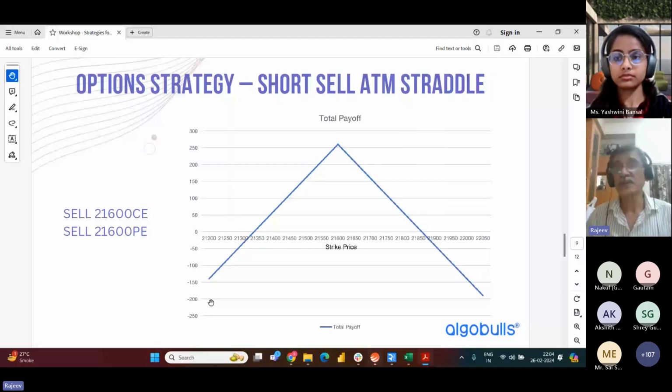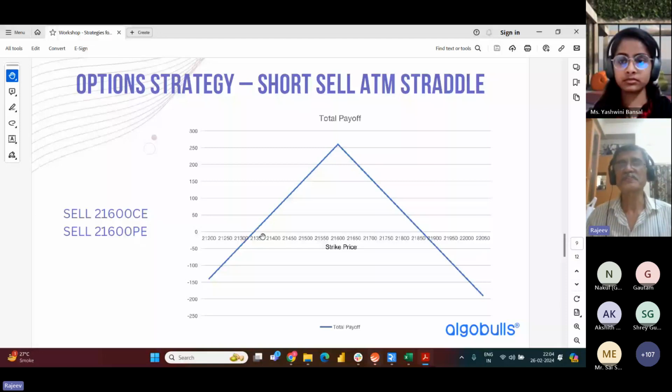It's very easy to actually plot this, create this. If time permits, sometime later I can explain that as well. But for now, it is sufficient to just get a pictorial understanding of it, some kind of representation of where I'm making profit, in which area I'm making profit, and where I'll start making losses for this particular position, selling of 21,600 CE and 21,600 PE.